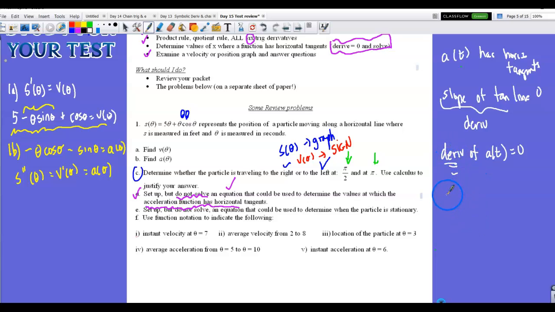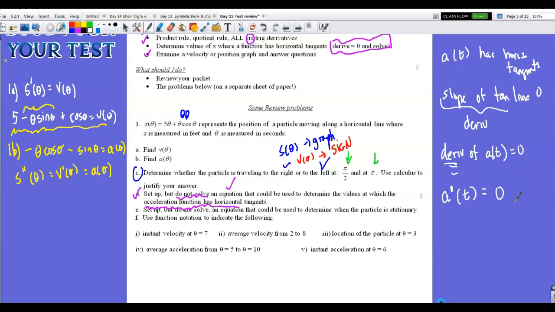So the equation that I would set up would be A prime of t, which I'm not going to calculate. The acceleration function is in 1b, but I'm not going to find the derivative of that, because we're not really going to need it. So I would set the acceleration function's derivative, if I had it, equal to 0.